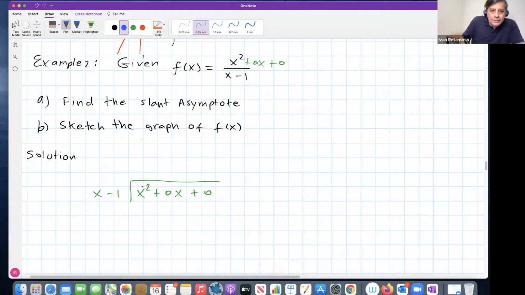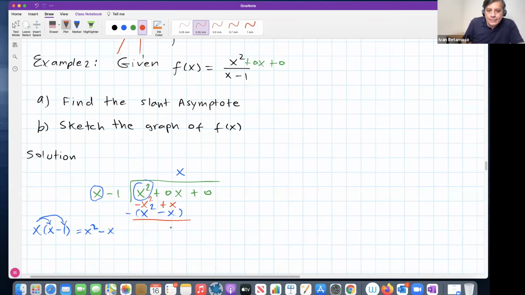If you divide these two, x squared divided by x is just x. x times x minus 1 is x squared minus x, that goes here. Subtracting this, I help myself by distributing the sign this way, plus x. 0 plus x is x.